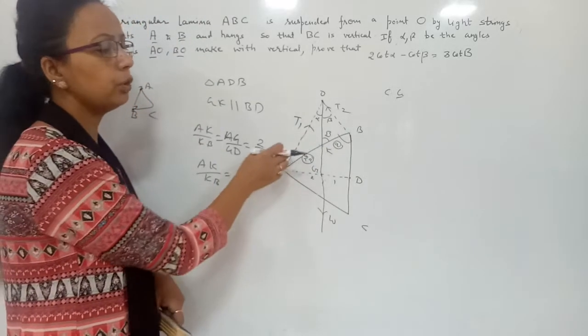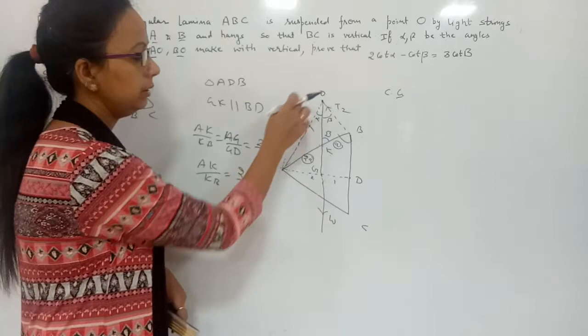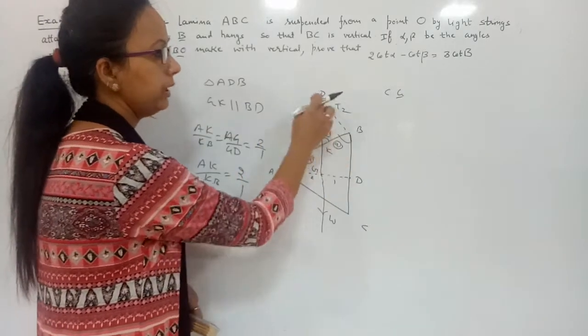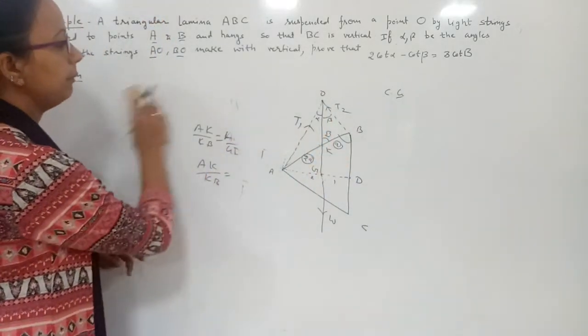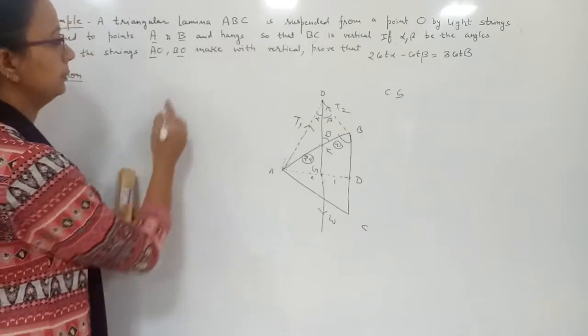So now I am going to apply the MN theorem here in triangle OAB. What does the MN theorem say?